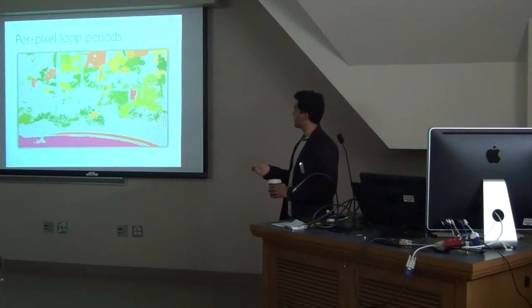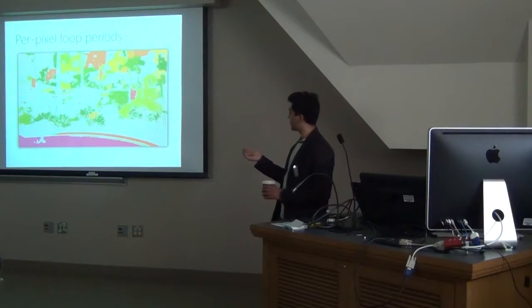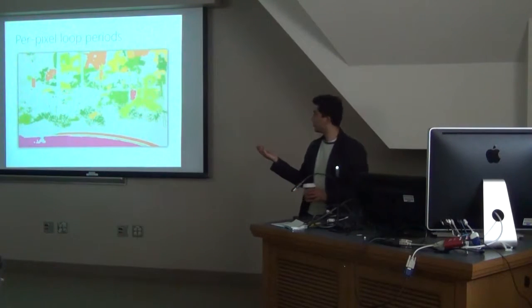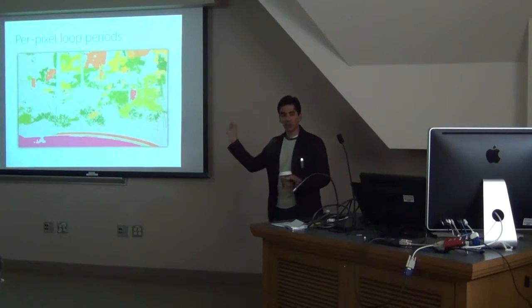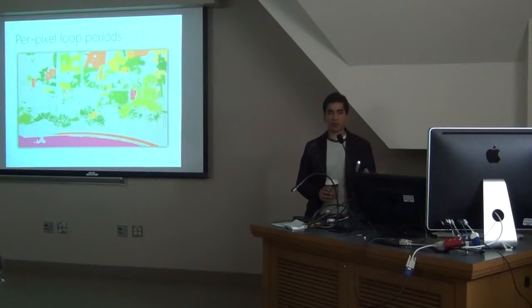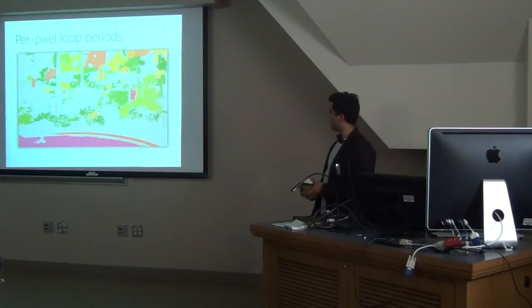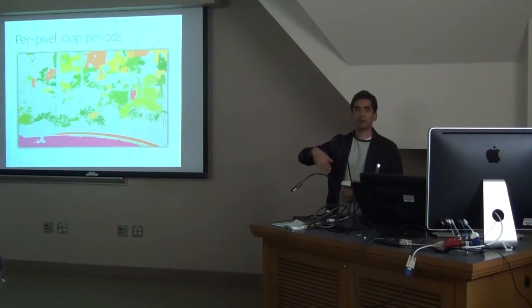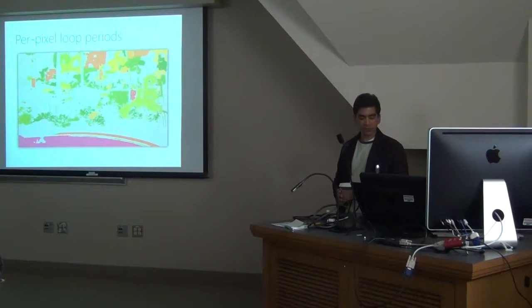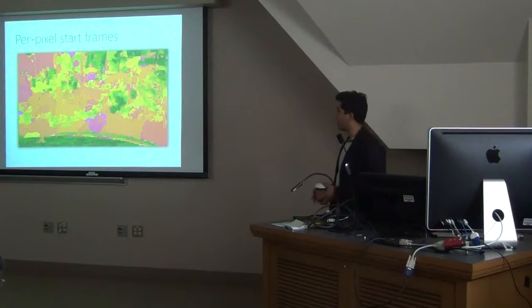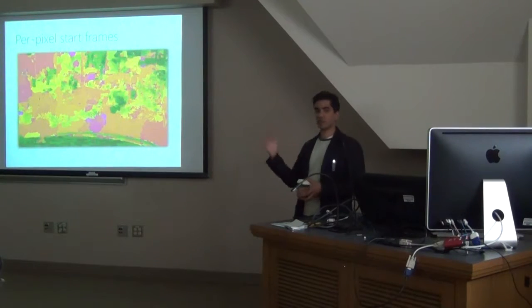After we run our optimization, this is sort of a coding of what we get. The color is not that important. It's just to show distinction. But we have these different regions that have different periods. So the water might be a loop that's 2 seconds long, and the trees might be half a second long. But not only that, they're actually starting at different times.